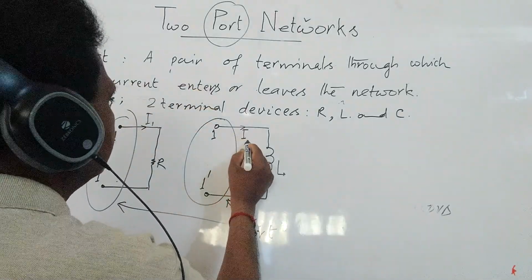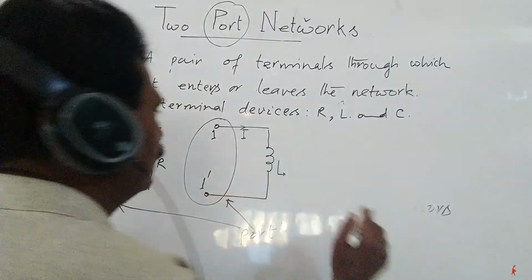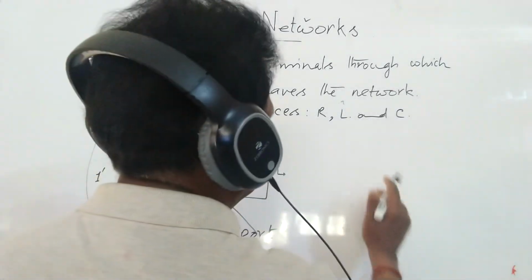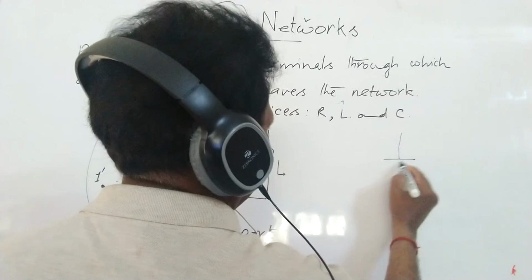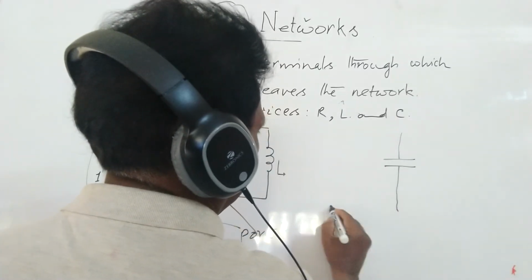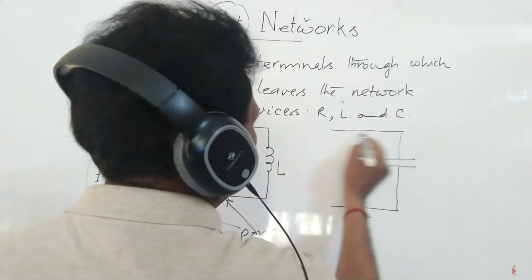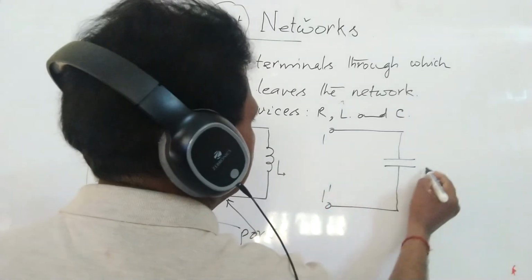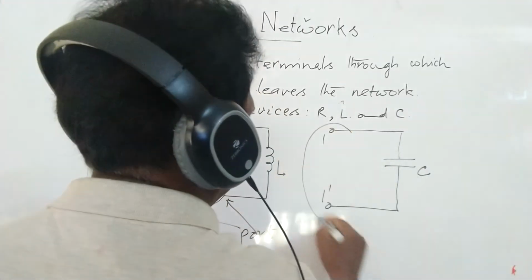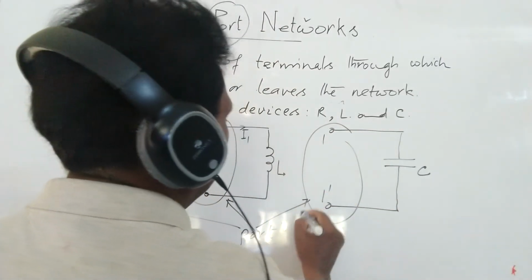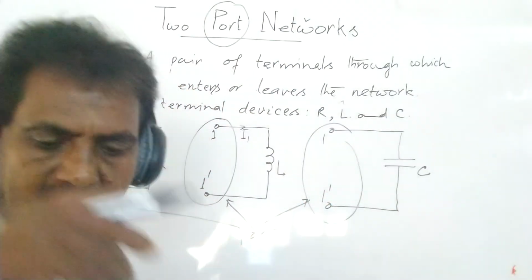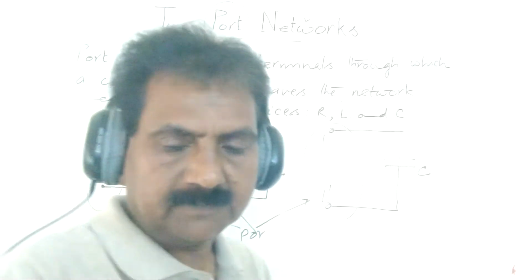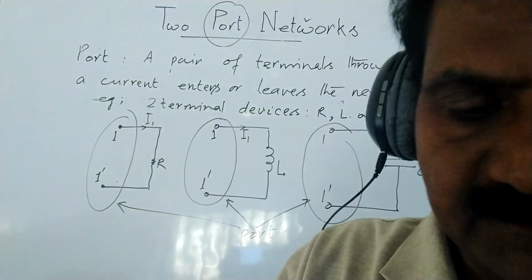Let us say this current. And take the case of capacitor. Capacitor is also a two terminal device. Then this one is an example of port.